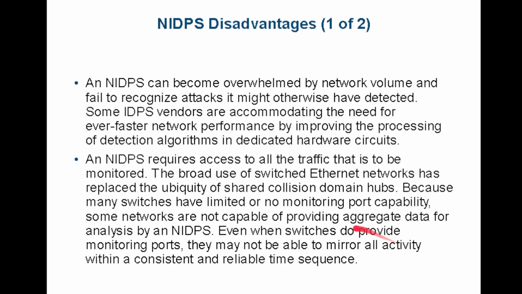That's where you have to mirror the ports. You have to find and set up mirrored ports on switches. Because mirroring can load your switch, you may not be able to get a consistent monitoring of that.